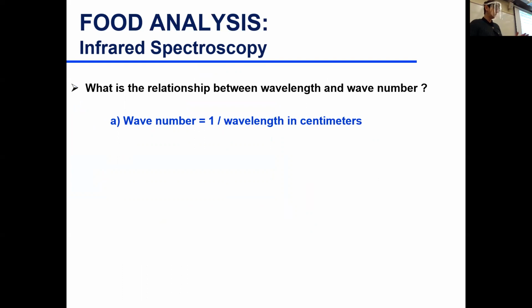You commonly have transmittance instead of absorption, and you have a wave number. The wave number is 1 over the wavelength in centimeters, so the unit is centimeter to the -1. That's how you would see it: wave number instead of wavelength.